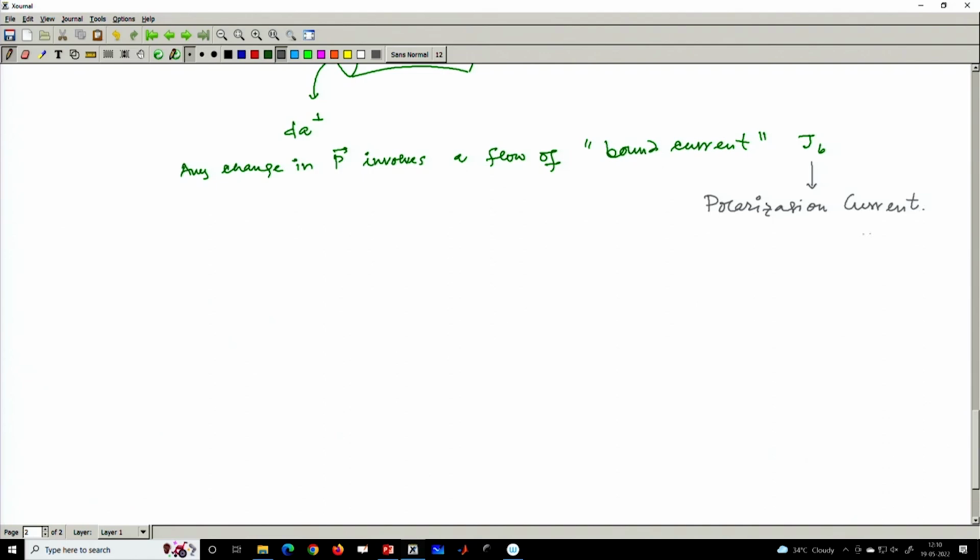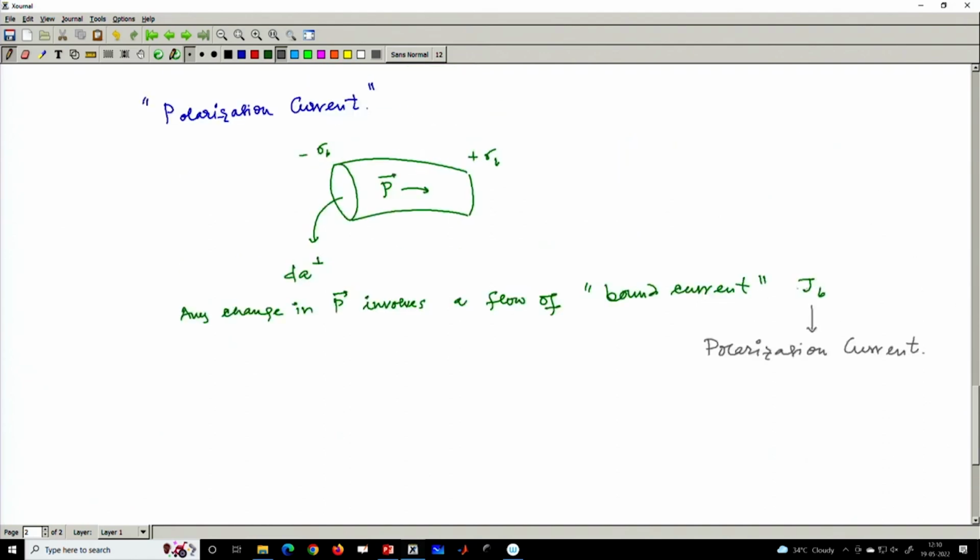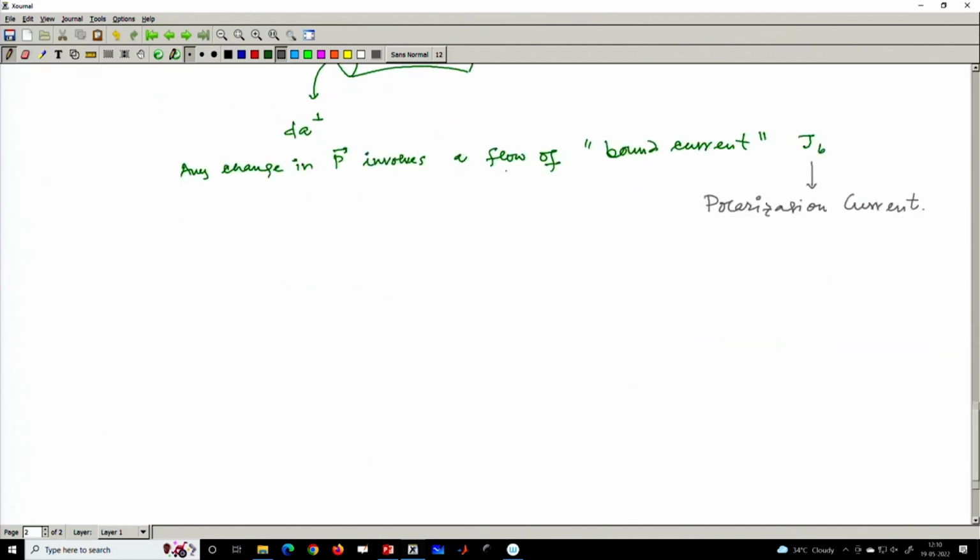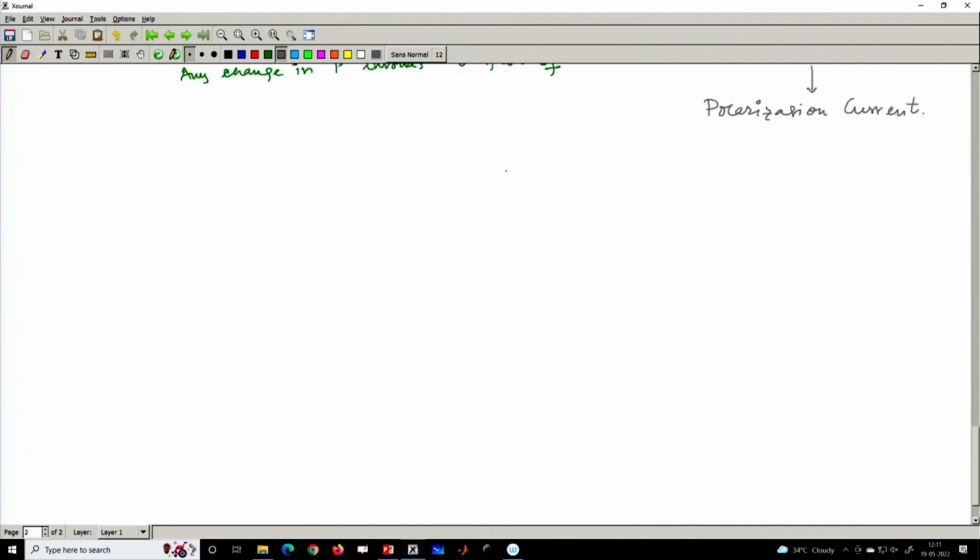So, here we are having a change of P over the distance, and if I have a surface bound charge density minus and plus, there is a difference, then it leads to the flow of current.